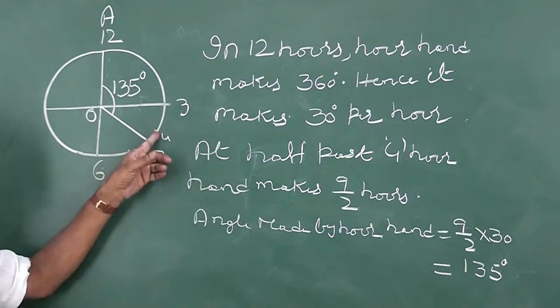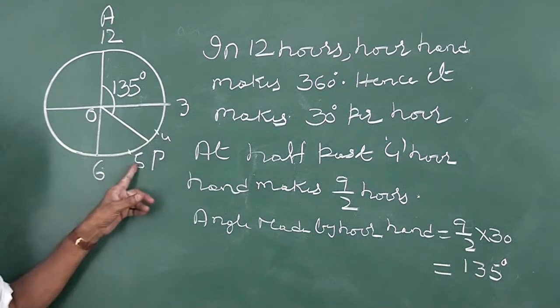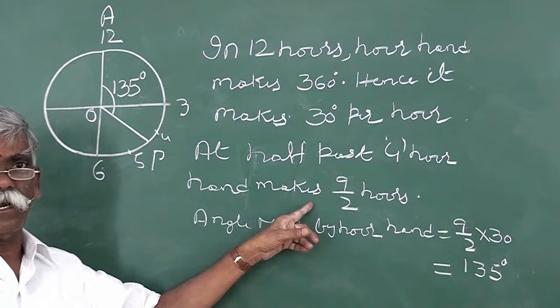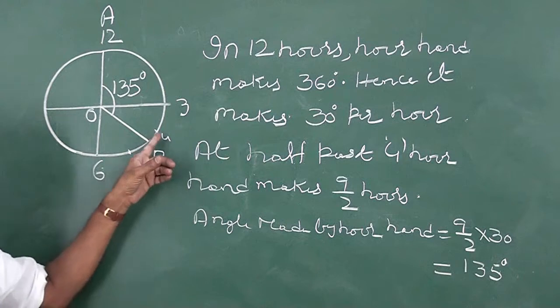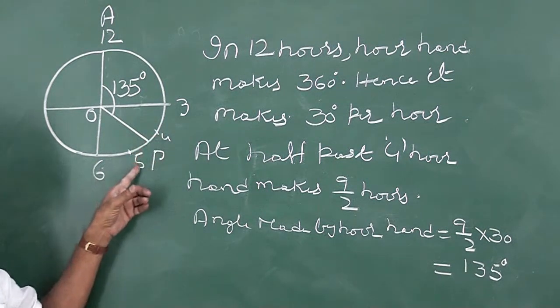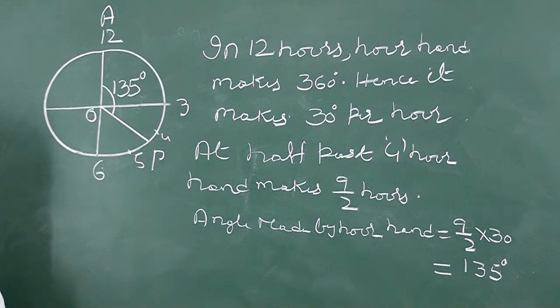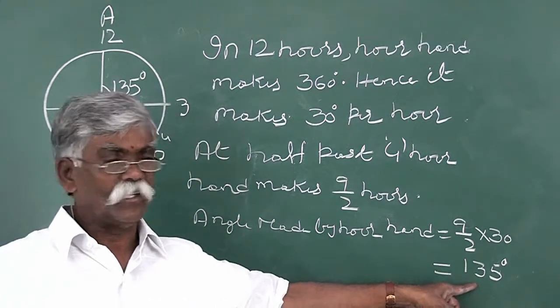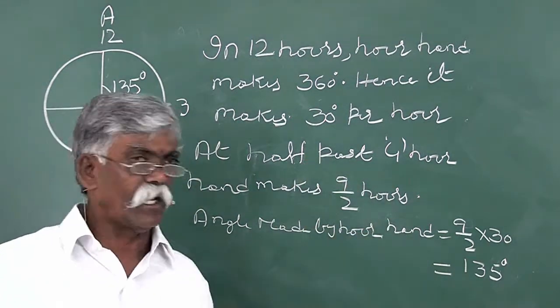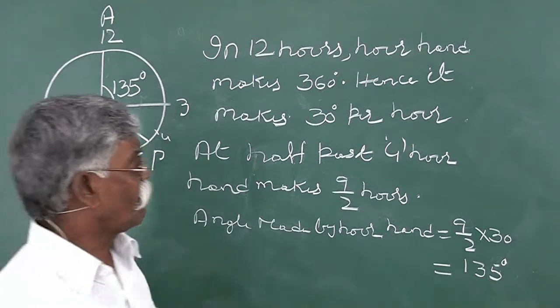And at 4:30 it makes 9 by 2 hours, because at 4:30 it will be in between 4 and 5. So in 9 by 2 hours, the angle made by it is 9 by 2 into 30, thereby it is 135.